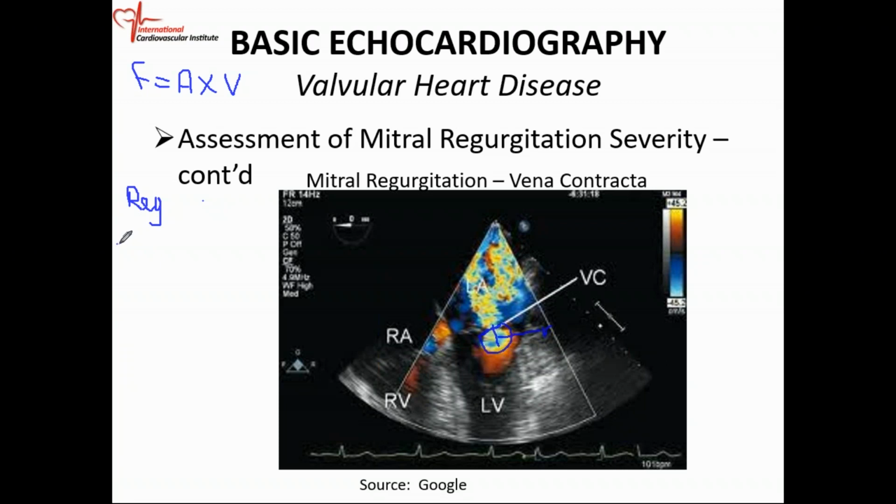The regurgitant flow is equal to the cross-sectional area. And the cross-sectional area that we're talking about is the area through which the regurgitation is occurring. It is EROA, effective regurgitant orifice area. This EROA is a dynamic area.